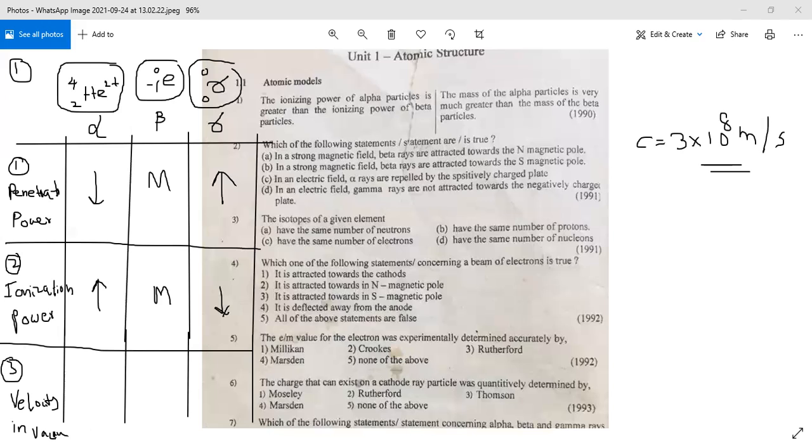We take it as the same in air, but the real definition is for vacuum. However, c is 3 × 10^8 meters per second. It's the velocity of electromagnetic radiation, and only gamma is electromagnetic radiation here. It shows c in vacuum or air, not in other media. In other media, velocity decreases.